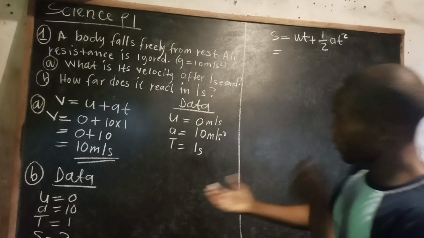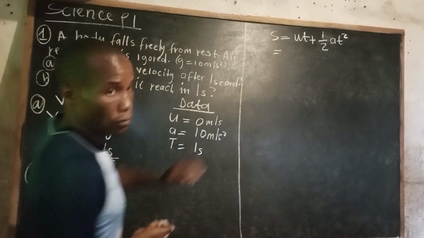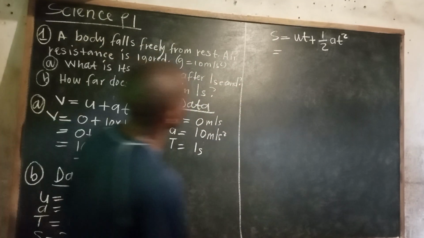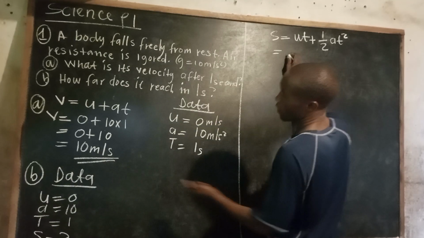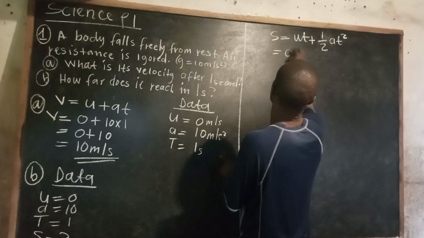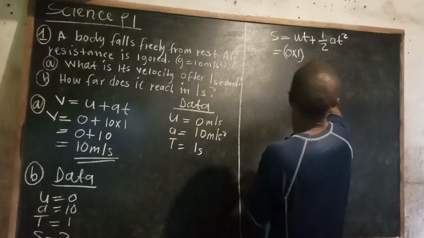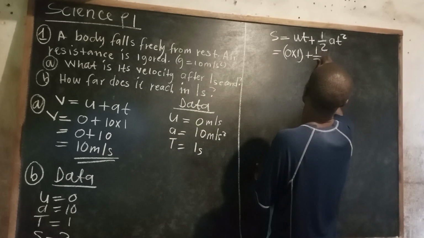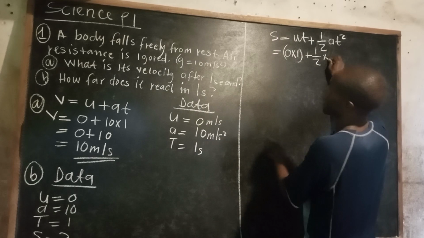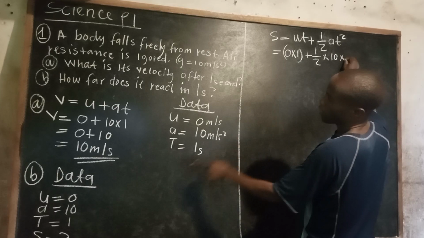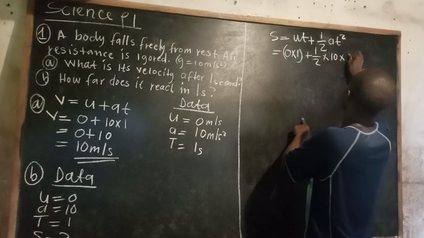So now that we have already collected the data, it's very easy. We can now substitute. So let's just get where there is u, which is initial velocity, the answer there is 0. 0 times 1 plus 1 over 2, which is half, times acceleration, which is 10. Then times time again, 1 second.